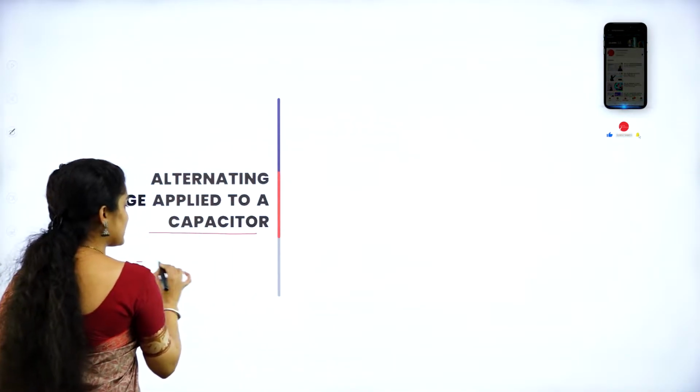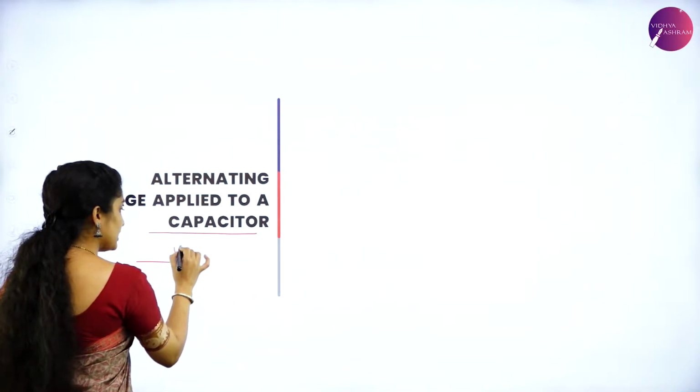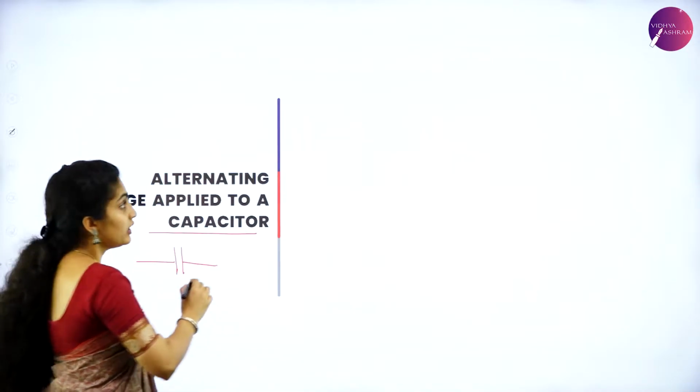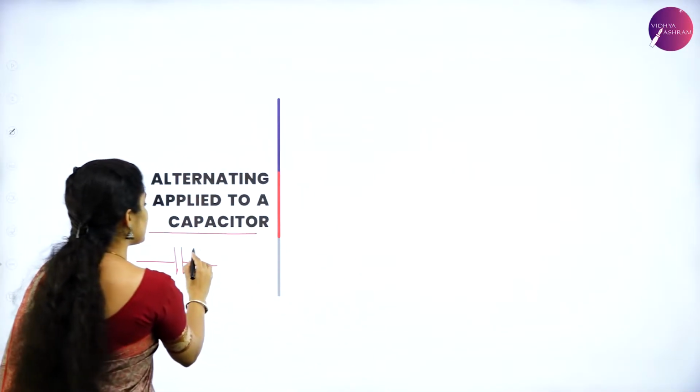So how is the capacitor represented? It is in this form. Two parallel lines represent the capacitor.